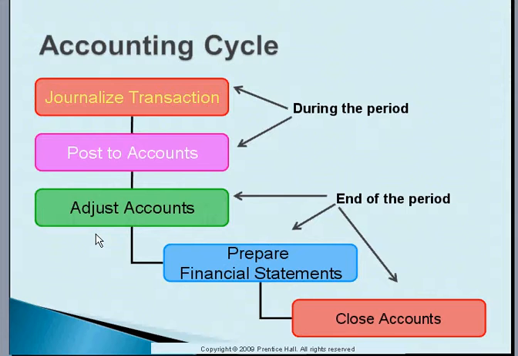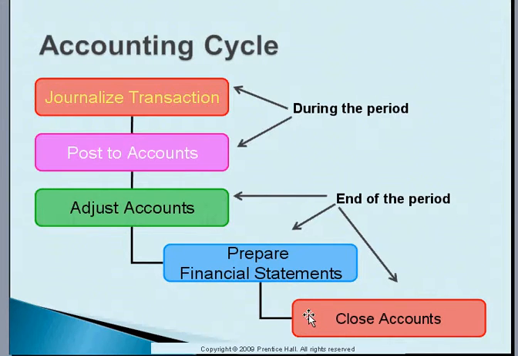Once the adjusting entries have been journalized and posted to the ledger, we next prepare the adjusted trial balance. If we're in balance after the adjusted trial balance is complete, we prepare financial statements, and we'll talk about that in the next objective. We'll prepare the financial statements from the worksheet. Okay? And after the financial statements have been prepared, what we do is we close the account.